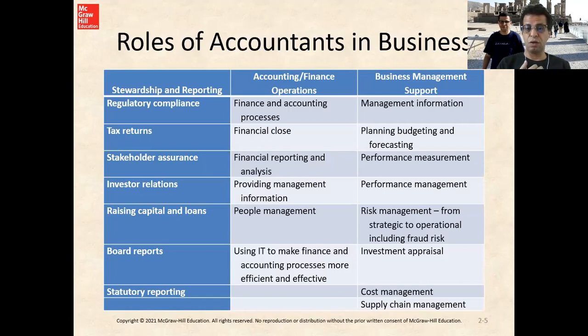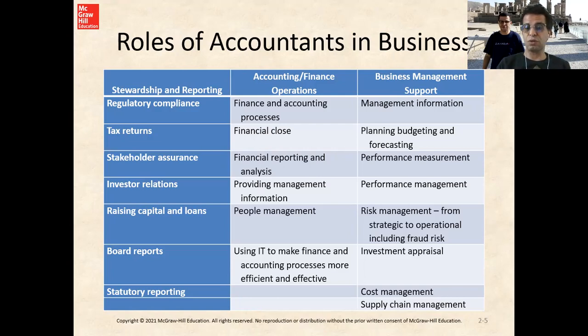The roles of an accountant in a business start with regulatory compliance. Operation-wise, there are finance and accounting processes; support-wise, there is management information. Then the tax return, the financial close, planning, budgeting, and forecasting. These are the supports you need to do the financial close.